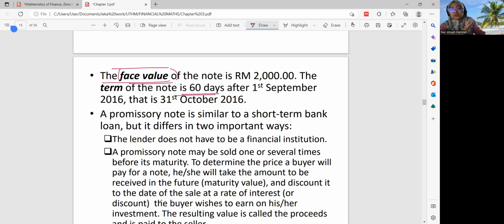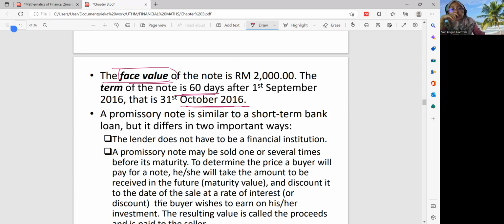So, perjanjian itu selama 60 hari daripada 1st September. 60 days from 1st September is the 31st October 2016. So 60 hari akan berakhir pada 31 Oktober.